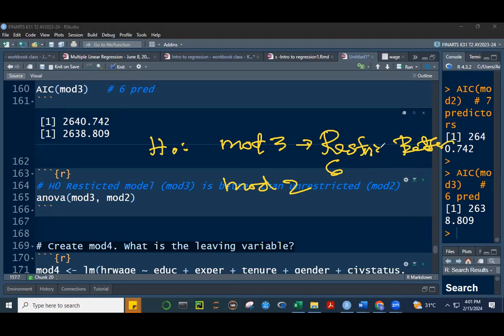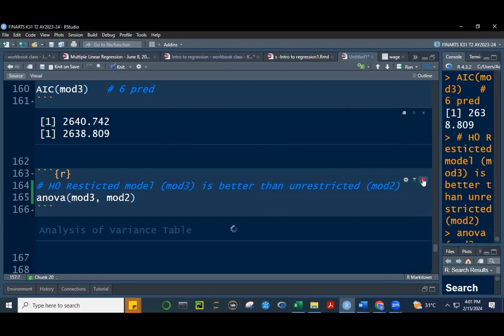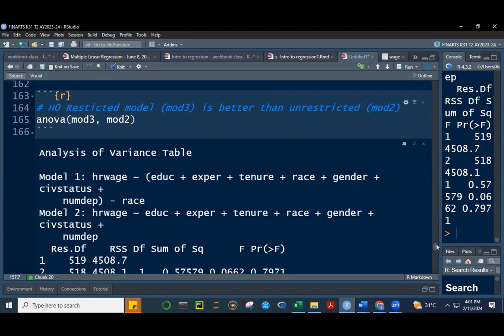Okay, let's see if the addition of race, kasi yung race ang dinagdag dito sa model number 2, tinanggal natin kay model number 3. Does it make sense to add race? Let's see the ANOVA here. All right, you can see here that model number 1 dito, class, wala si race, tinanggal si race. Ito yung restricted natin. Model number 2 natin dito, kasama si race.